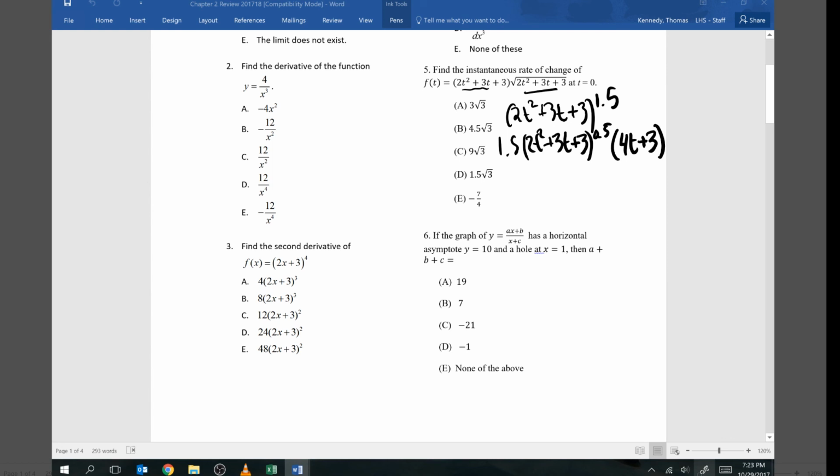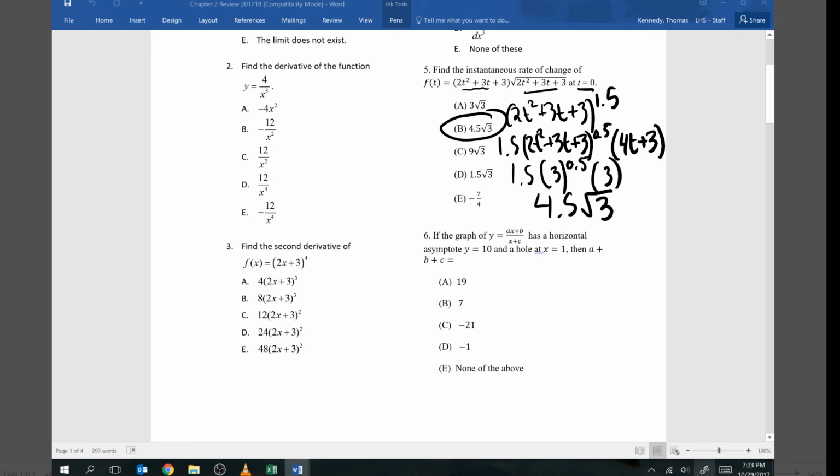And because we're plugging in 0, this makes it incredibly nice. This is just 1.5 times 3 to the 0.5 times 3. So this is 4.5 times the square root of 3, which is answer B. Sweet. Otherwise, you could do the product rule and chain rule within each of the parts of the product rule, and that takes quite a bit longer, so that kind of sucks.